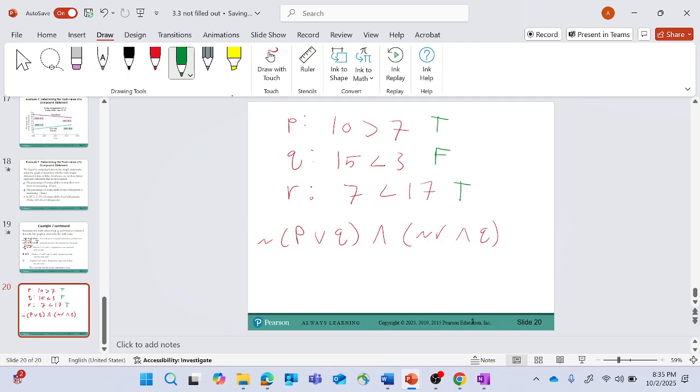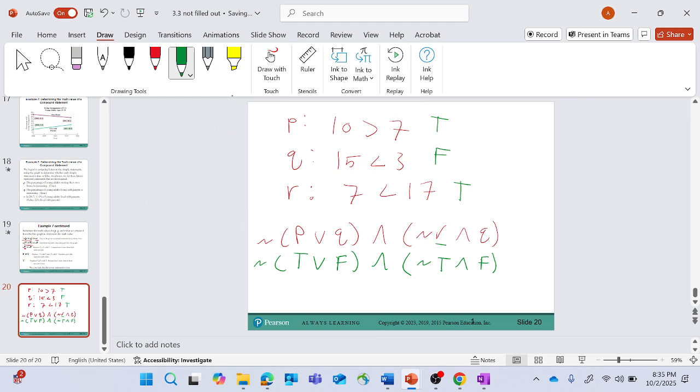So what we have is not P, that's true, or Q, that's false, and not R, well, that's not true, because R is true. I'm just replacing the R's for right now. And Q is false. Everyone with me? Y'all get what I'm doing now?